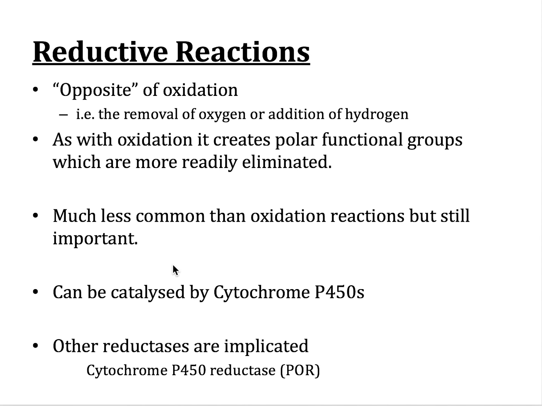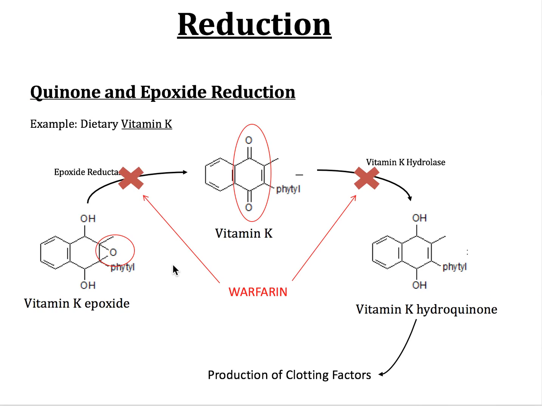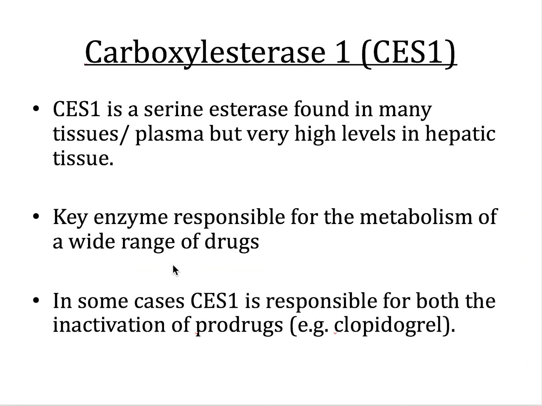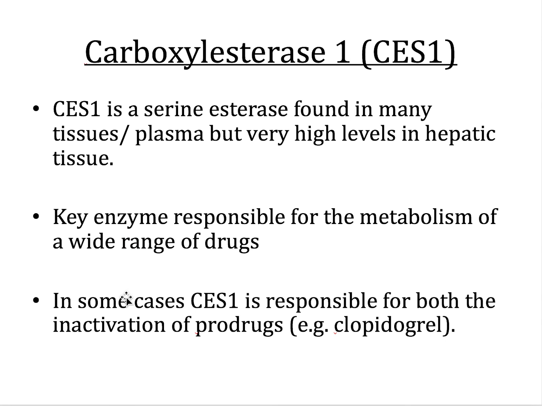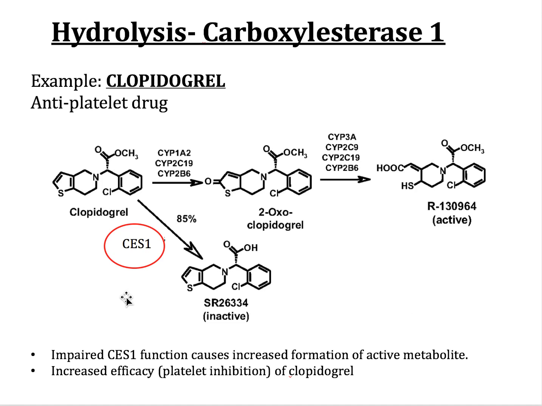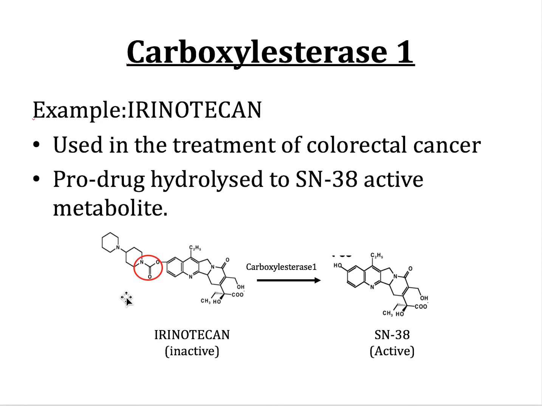Reductive reactions. Yeah, so we go back. Hydrolysis. So in this case, clopidogrel can be made inactive by CES1, which is the key metabolism enzyme responsible. Irinotecan, which is used to treat colorectal cancer, is a prodrug hydrolyzed into SN-38.